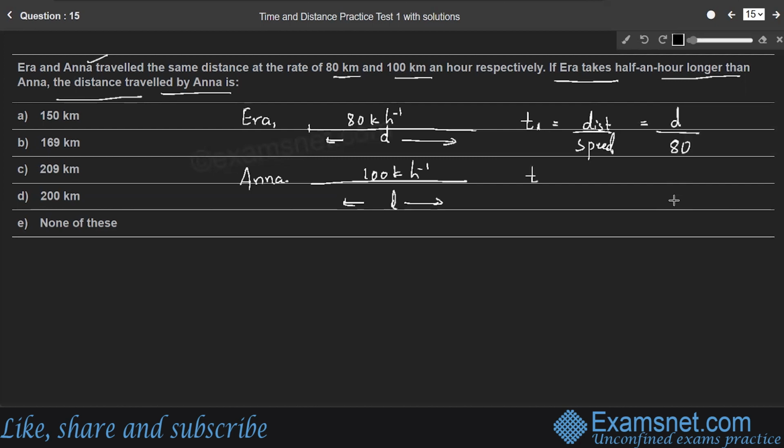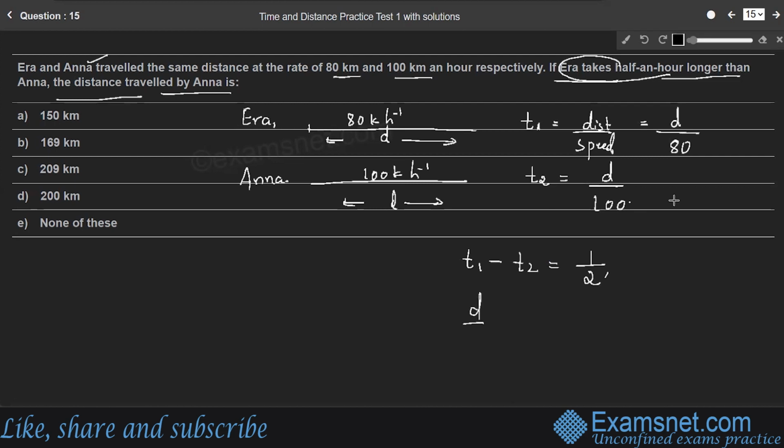Whereas Anna takes T2 time. So here the distance is D, speed is 100 kilometer per hour. And given that Era takes half an hour longer than Anna, that means T1 minus T2. Time taken by Era is greater. So T1 minus T2, the difference in their timings is half an hour, 1 by 2.